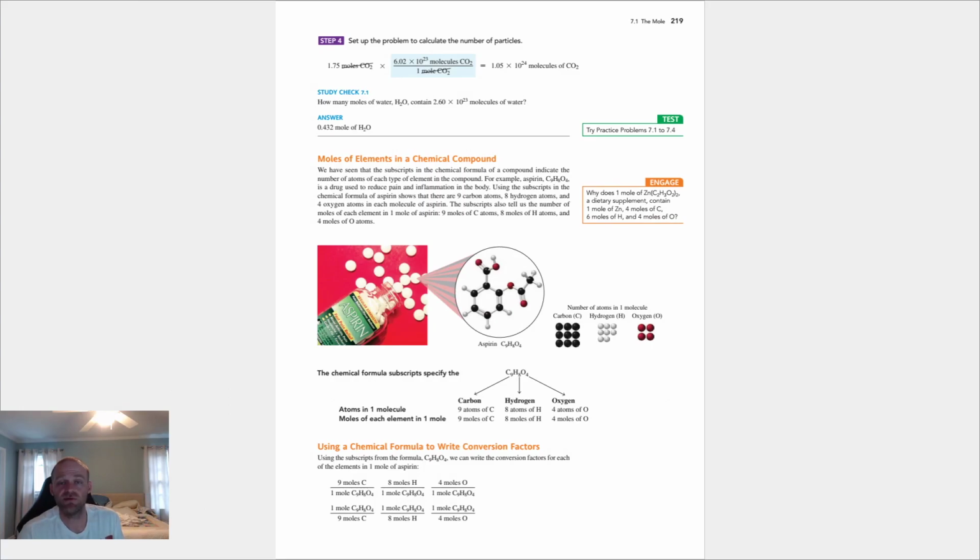We use the mole to tell these large numbers in an easier way. So most of the times you'll just be dealing with moles. You'll say I have 0.05 moles of this, I react it with a half a mole of something else, and it creates 0.25 moles of this.